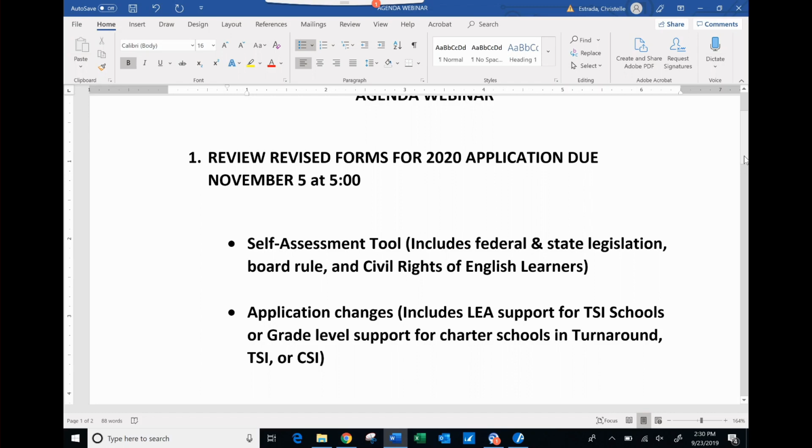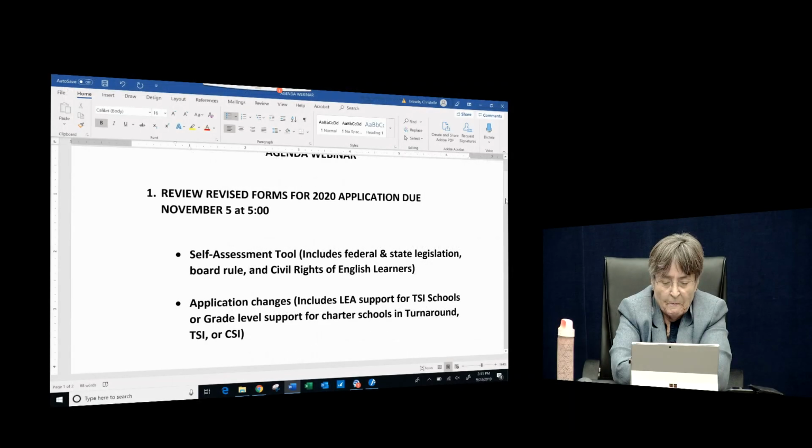So the strategy is the more you know, the more you have evidence for, then it puts all of us in a good space for doing the best for students. The self-assessment tool is one document that needs to be uploaded, and the second one is the application.